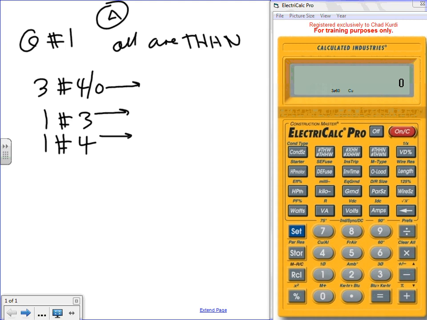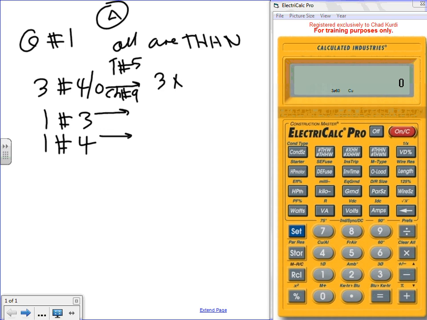Okay, so here's what you're going to do. First, find the cross-section area for these conductors. Where do you find this one? Table 4 or 5? Table 5, chapter 9. So you're going to go to table 5, chapter 9, and find the information.